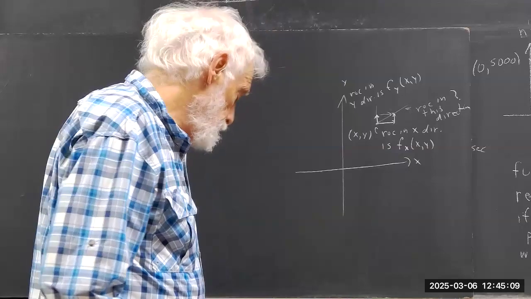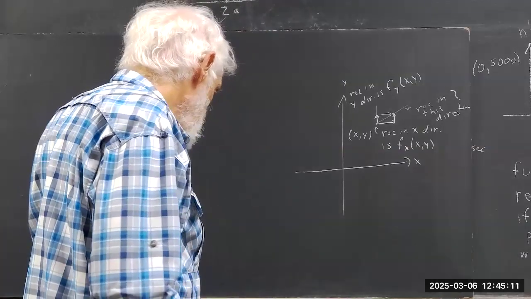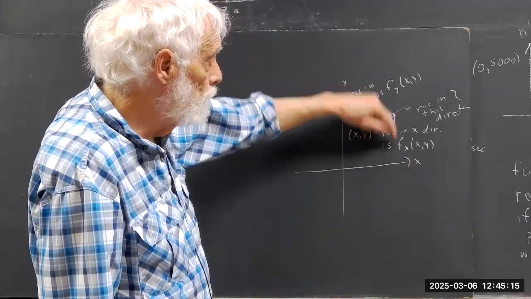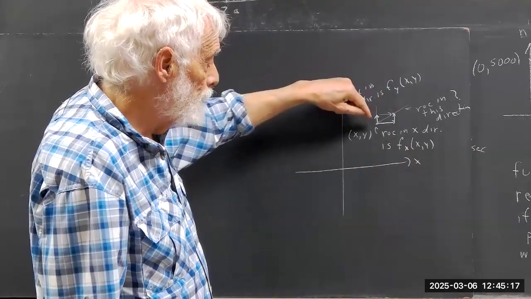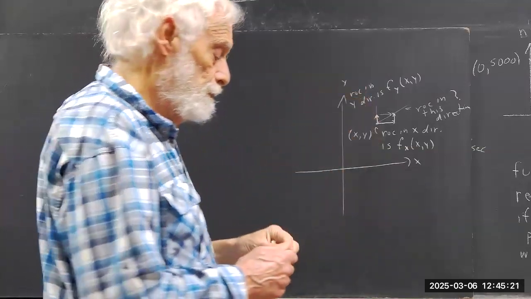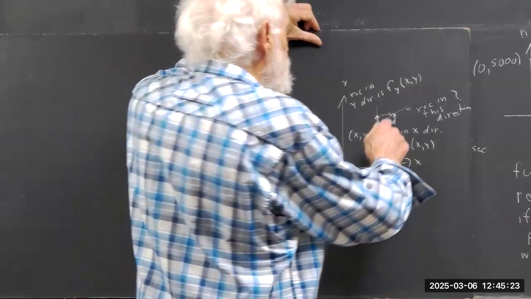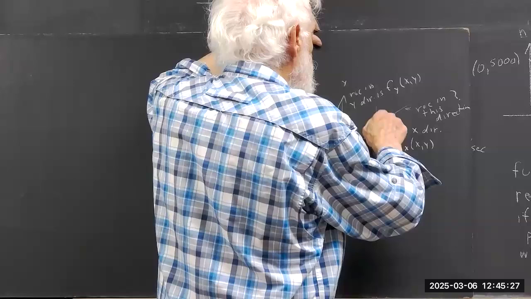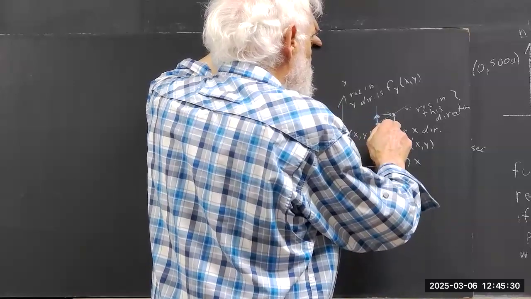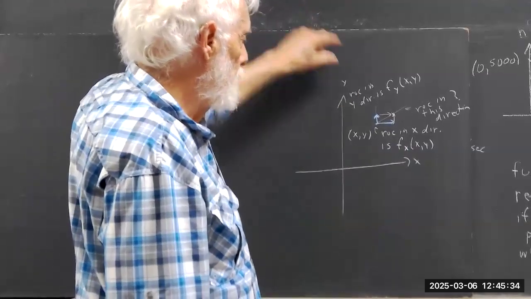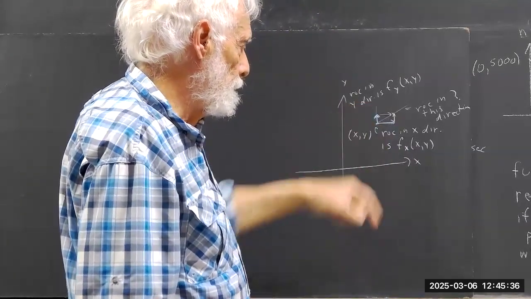But we're going to base our calculation of the rate of change on the two partial derivatives evaluated at this point. So I'm going to use this displacement and this displacement as a basis for calculating the change between here and here.